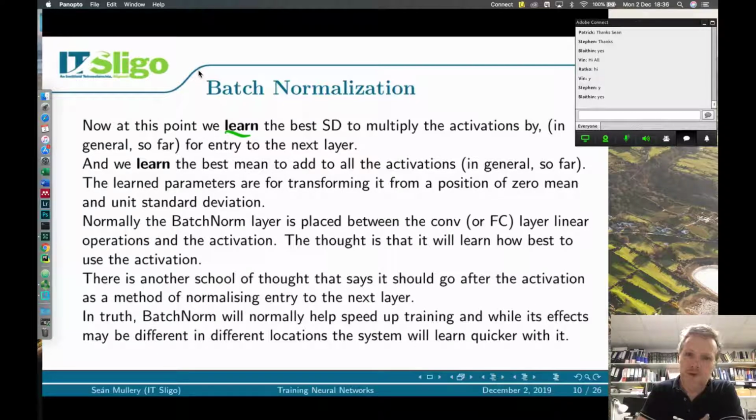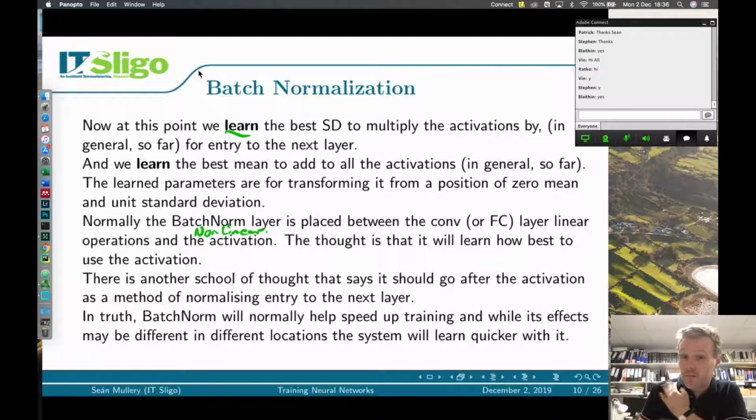Normally, the batch norm layer is placed between the convolutional or fully connected layer, the linear activations, and the non-linear activation. So what they're saying is after the linear layer and before the non-linear activation, such as the ReLU or the sigmoid, they would normally put the batch normalization there.